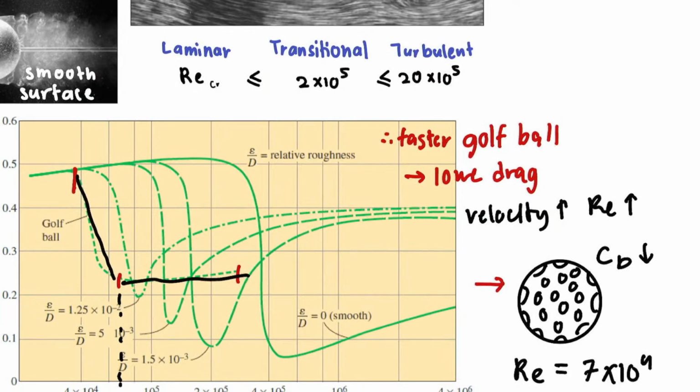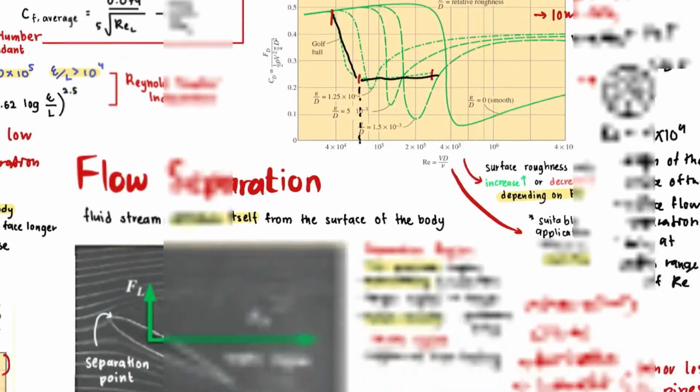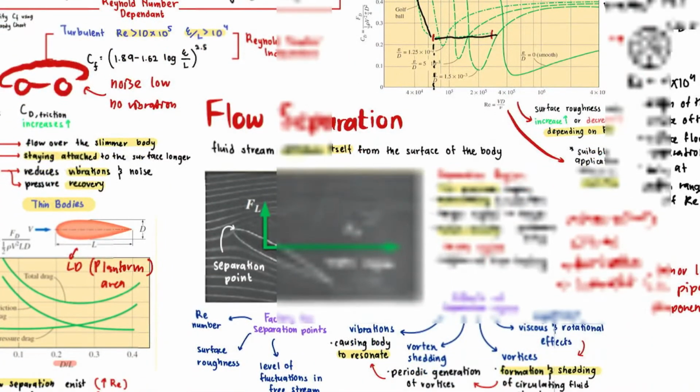Write that down: rough surfaces allow flow separation to occur later at certain Re. Scientifically I don't know why, but just write something like that.